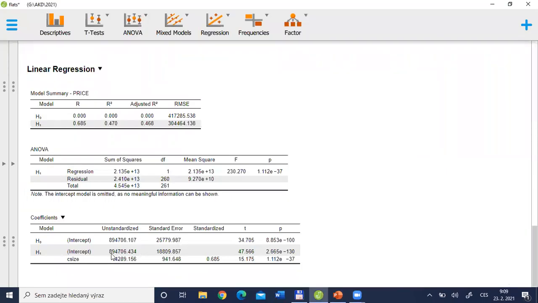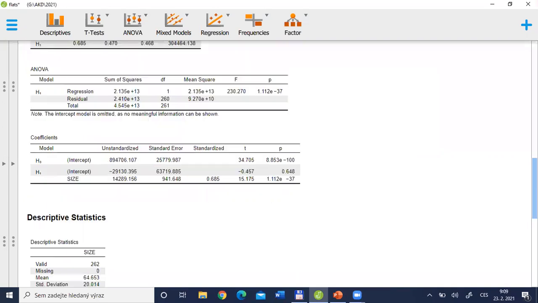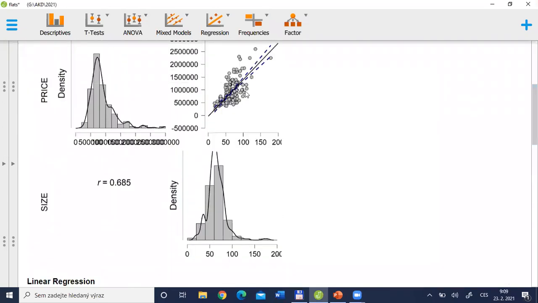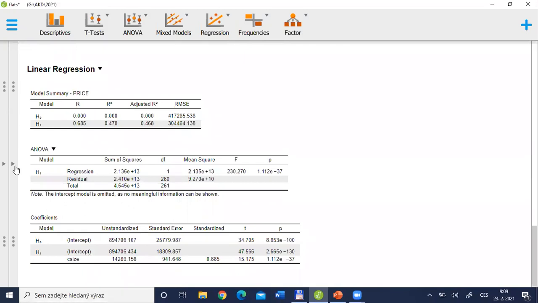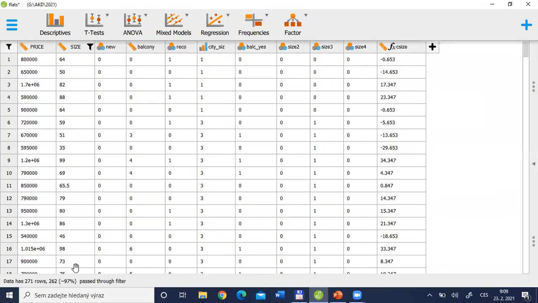So for my data, this line starts currently for the new y-axis at approximately 900,000, and the increase per 1 unit of size is 14,300 Czech crowns. So that's a descriptive result for my sample, it means for 262 flats in my data.